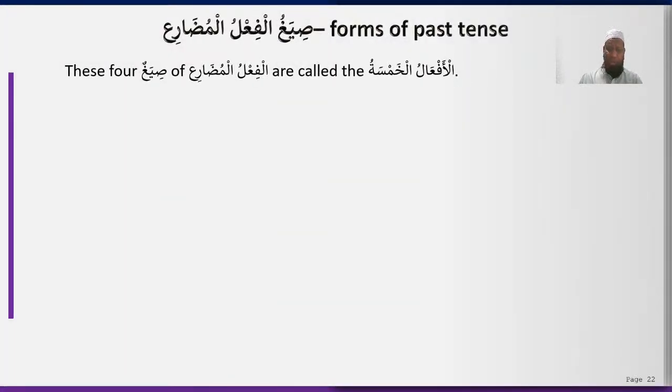Okay, now the important thing, these sigas of فعل مضارع are called الأفعال الخمسة. So there are 5 sigas, they are called الأفعال الخمسة. So what are these sigas?